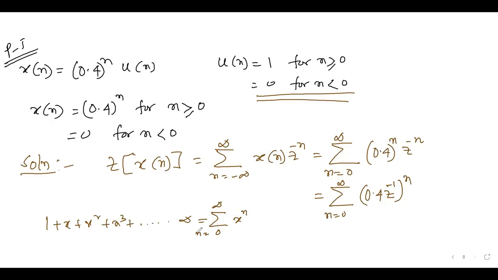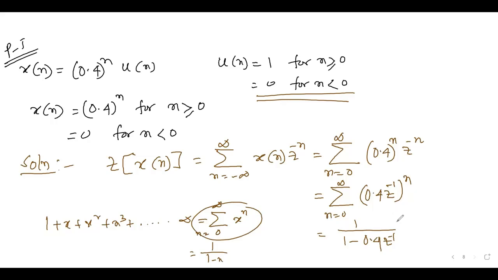When n equals 0, x to the power 0 is 1. When n equals 1, this is x. The sum is 1 by 1 minus x. So here, similarly, we can write this as 1 by 1 minus 0.4 z inverse. Comparing this, we know the sum of n equal to 0 to infinity of x^n is 1 by 1 minus x.